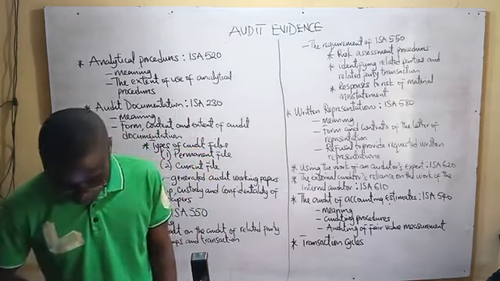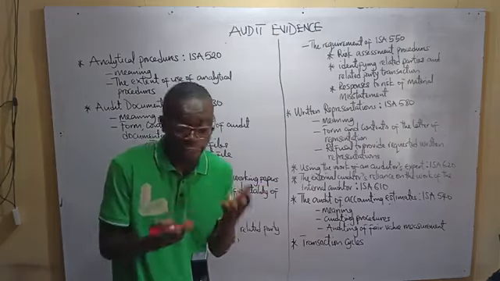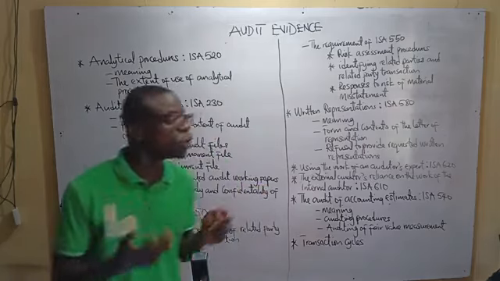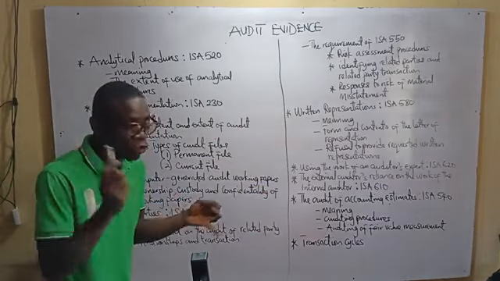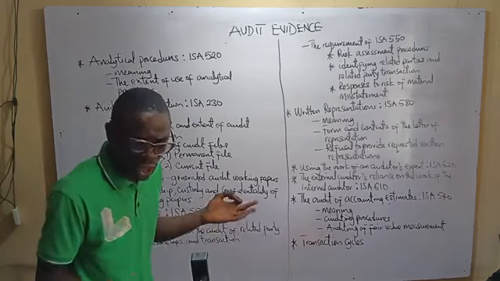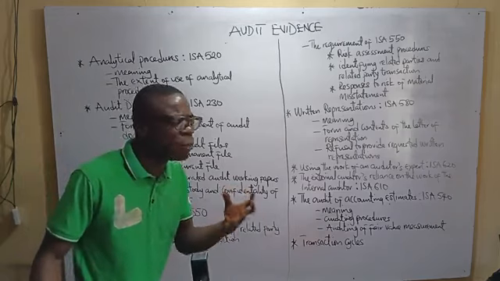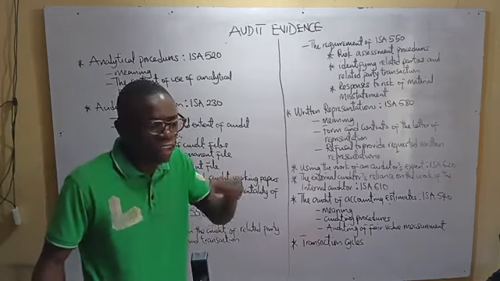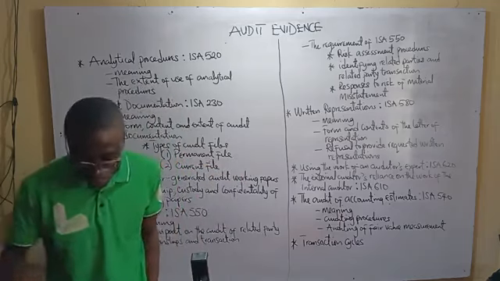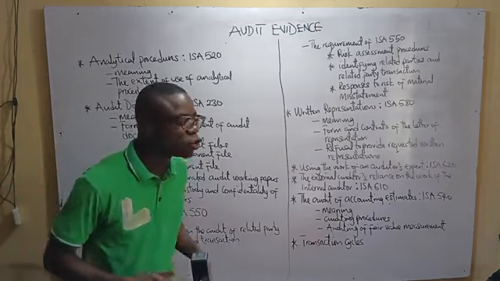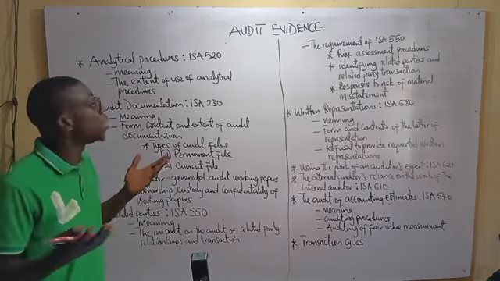Now, the auditor is using data, because whenever you are using analytical procedure, to carry out ratio, industry average or trend, what are you using? You are using data. So he must also evaluate the reliability of the data used to carry out the analytical procedure. If you cannot rely on the data, that means you cannot use analytical procedure.